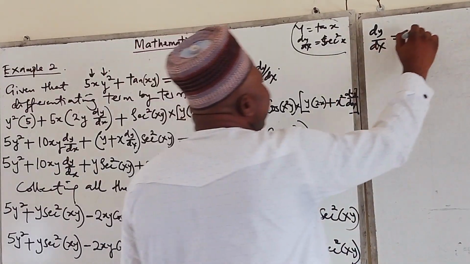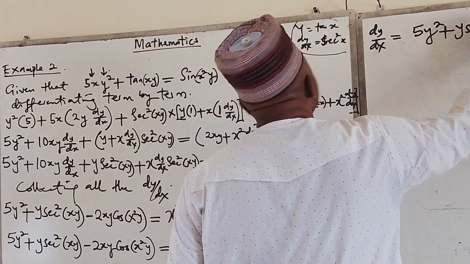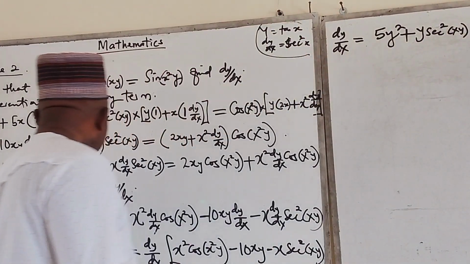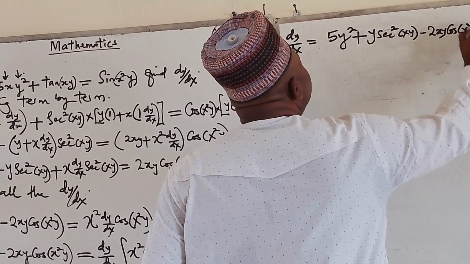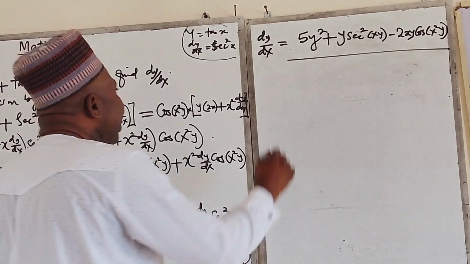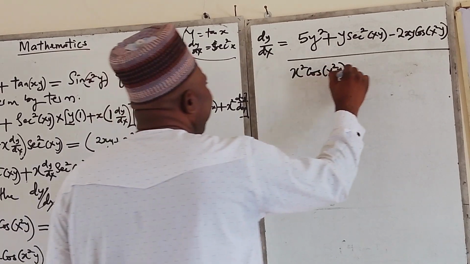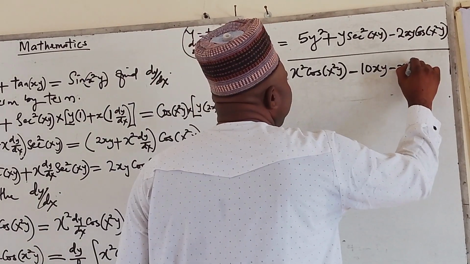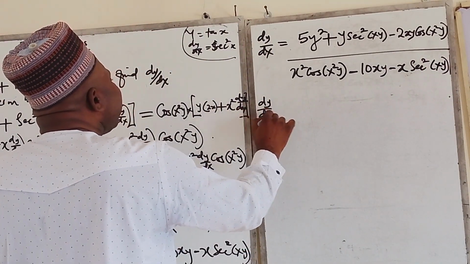So here we have 5y squared plus y sec squared xy minus 2xy cos x squared y, now divided by the whole of this: x squared cos x squared y minus 10xy minus x sec squared xy.